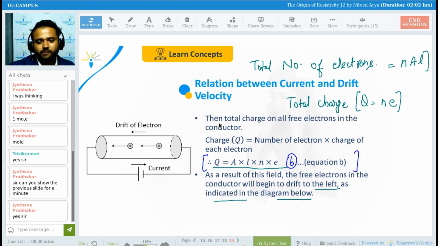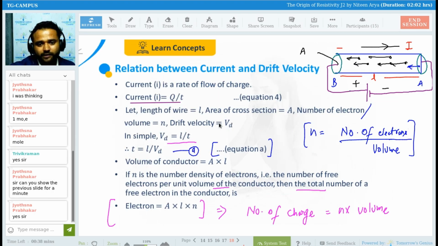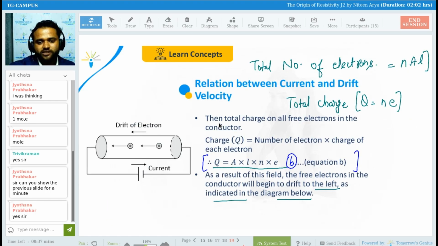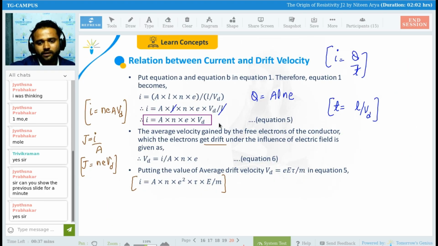Now put equation A and B in equation number 1.